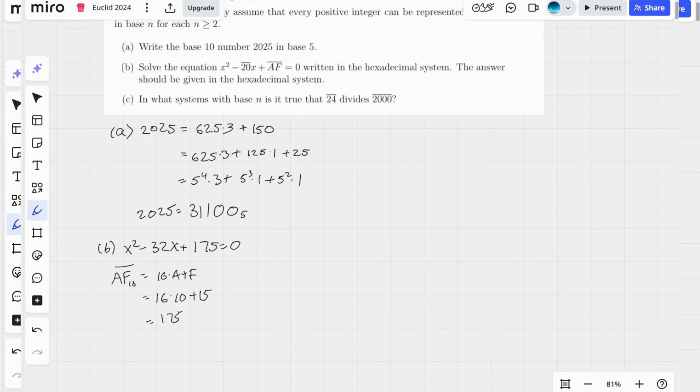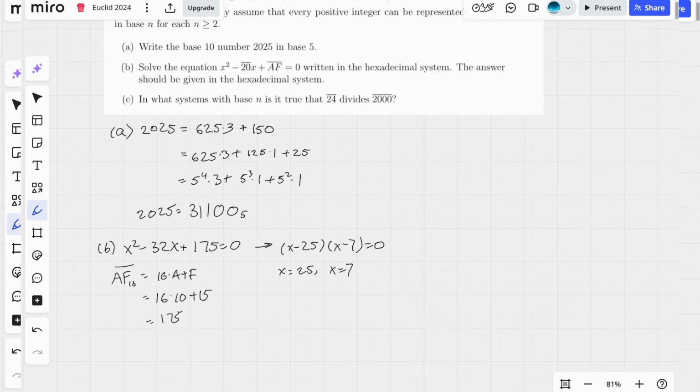And then we can factor this like we would normally factor a quadratic equation. So this would be x minus 25, x minus 7 is equal to 0. And so our answers would be x is equal to 25 and x is equal to 7.